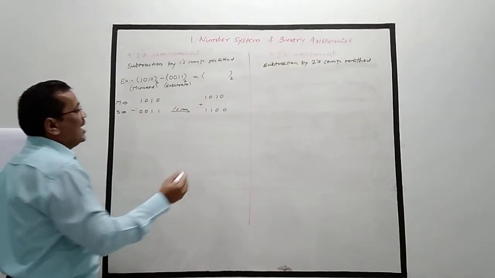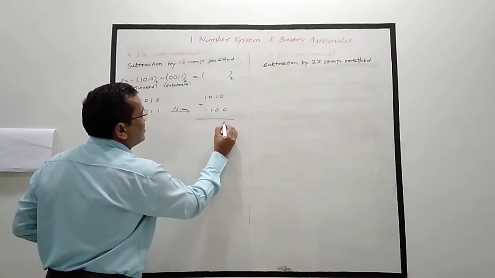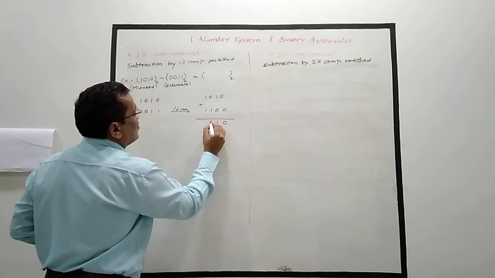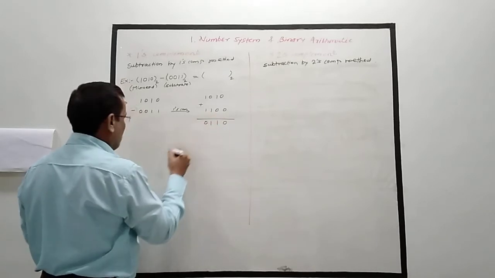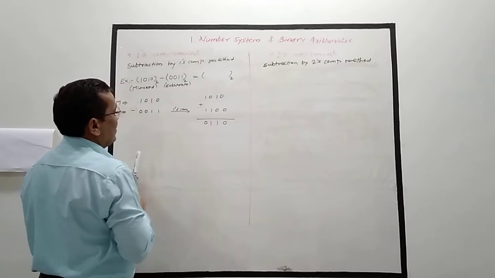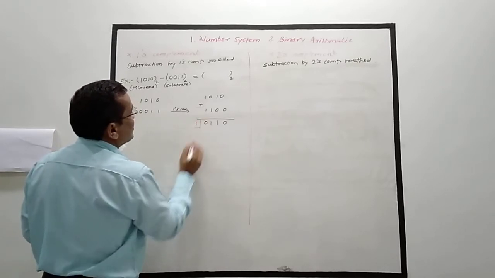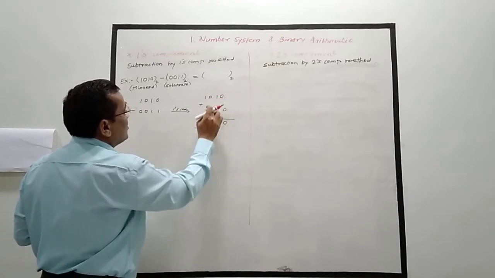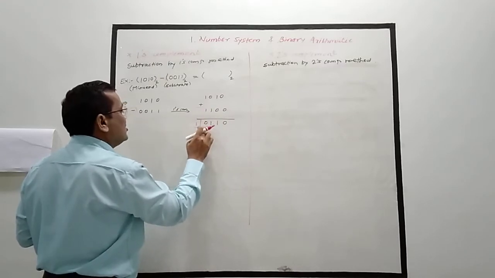Now what is the addition? 0 plus 0 is 0, 1 plus 0 is 1, 0 plus 1 is 1, 1 plus 1 is 0 with carry 1.